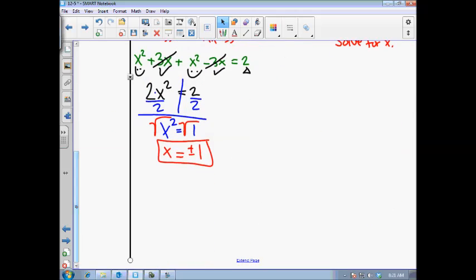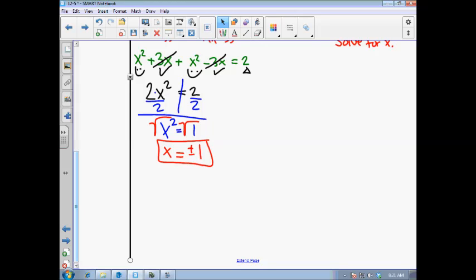I mentioned this word in the essential question called extraneous solutions. If you are given a story problem and it has extraneous information, that would be a story problem that gives you extra information you don't need to throw you off. Extra information that's not required in order to solve the problem, that's called extraneous information.